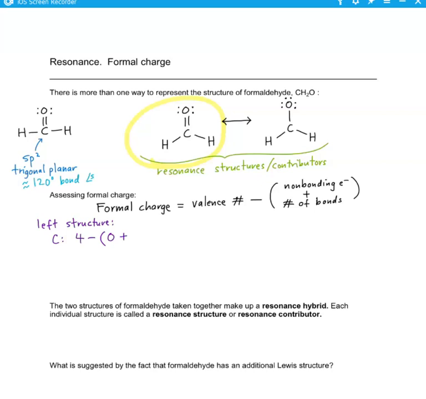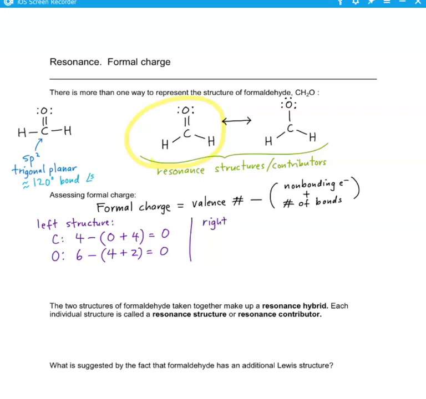And that carbon has 4 bonds. So its formal charge is 0. For the oxygen, the valence number is 6, and from that, we subtract non-bonding electrons. Well, we have 2 lone pairs, so that's 4 non-bonding electrons, and that oxygen is involved in 2 bonds. So 6 minus 6 also equals 0.